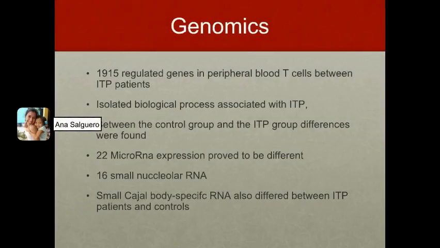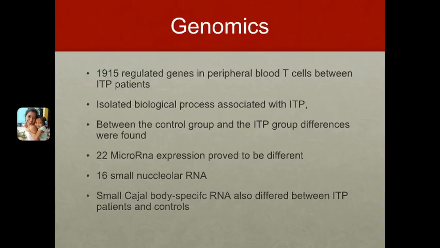To better understand the genes and mechanisms involved in organ-specific ITP, they studied the gene and microRNA expression in the T cells, differentiating between chronic ITP patients and healthy controls.